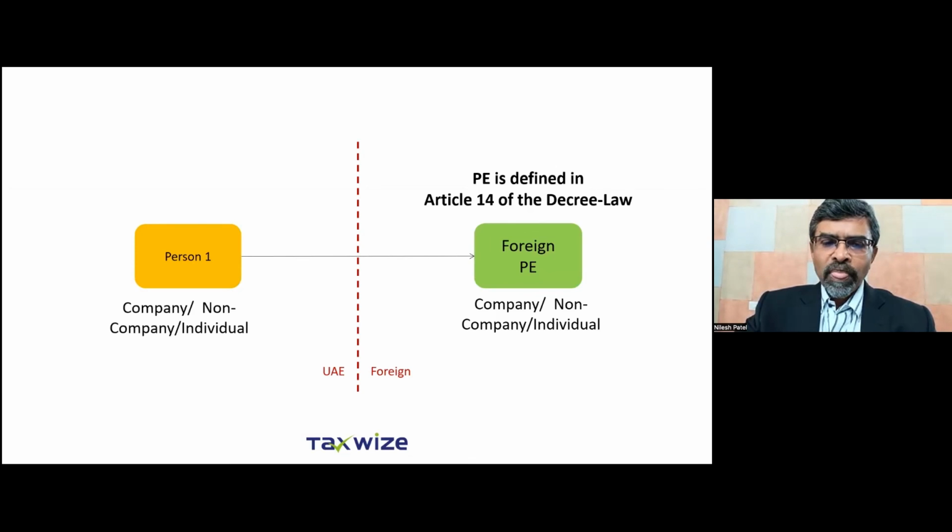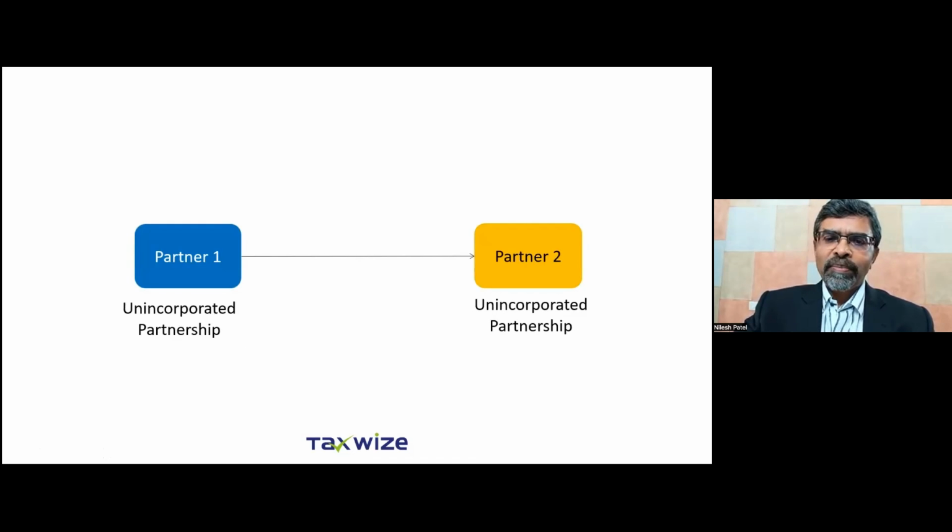Of course, if a UAE person has a permanent establishment in the UAE, then also that UAE person is considered as a related party of its own UAE permanent establishment. And if a non-resident or foreign person or a company has a permanent establishment in UAE, then both are considered as related parties.